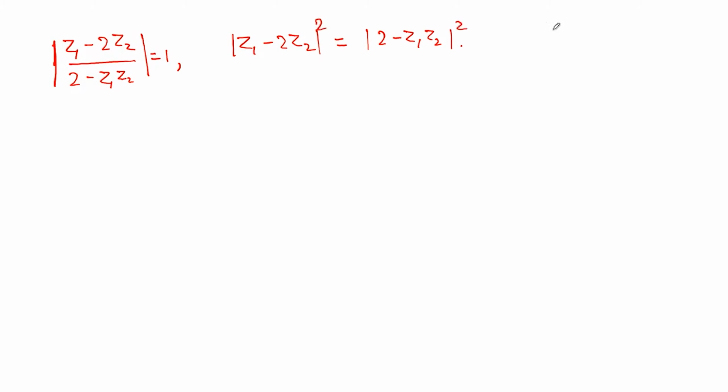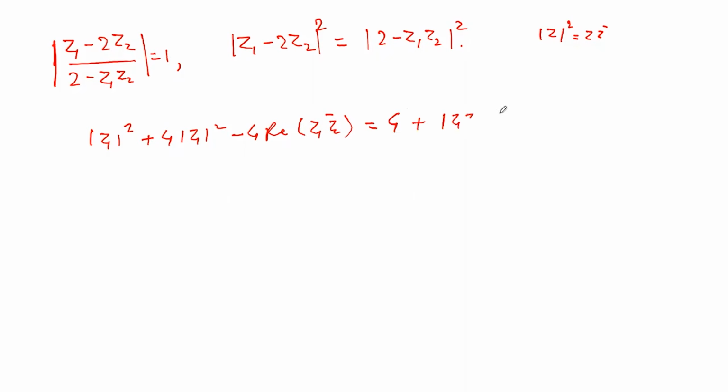We know the formula: if it is given mod z square, this is z z bar. Applying this, so opening this, we get mod z1 square plus 4 mod z2 square minus 4 times real part of z1 z2 bar. Similarly, 4 plus mod z1 z2 square minus 4 times real of z1 z2 bar. We can cancel out this, right?